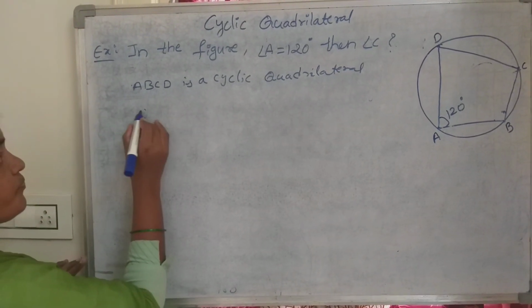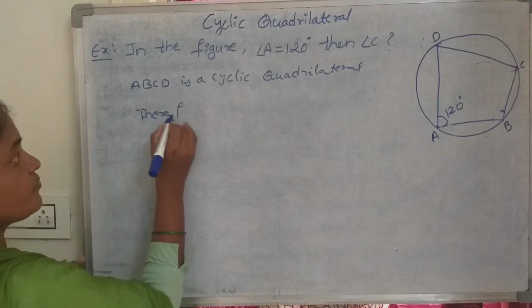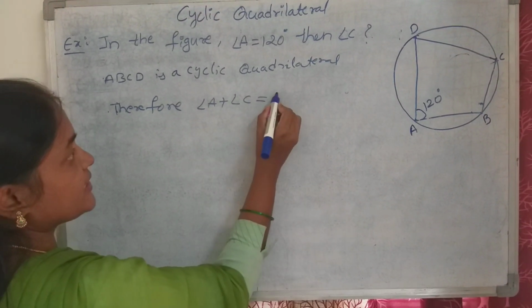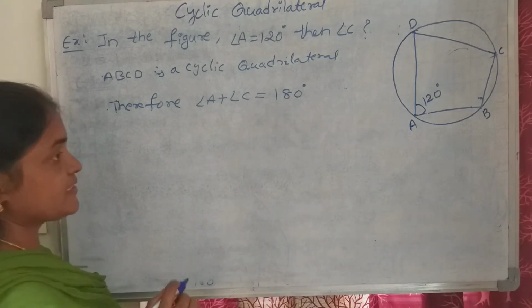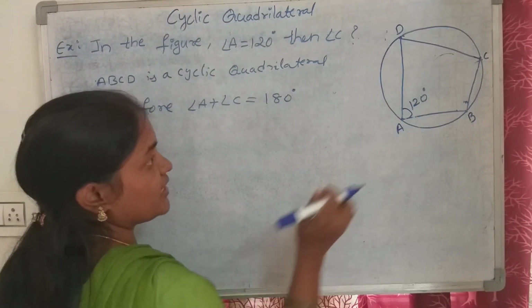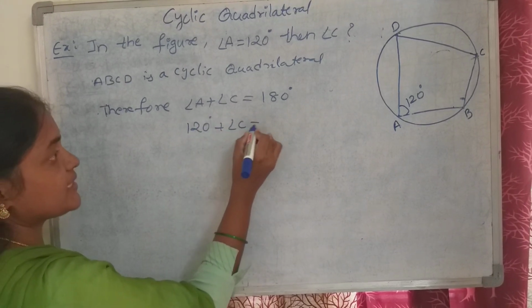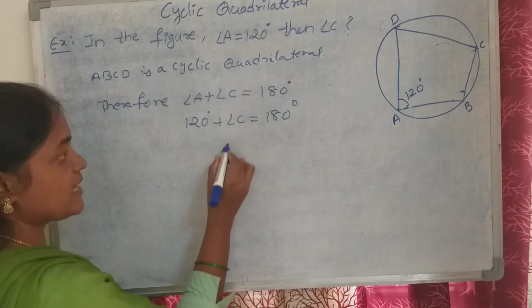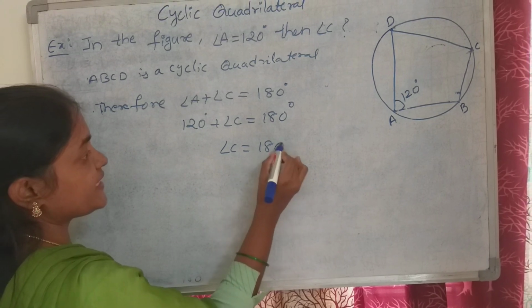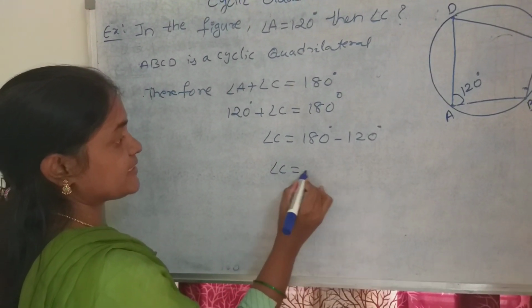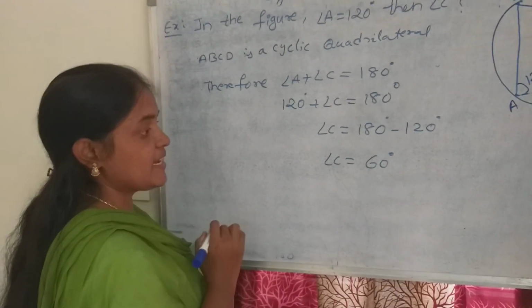Therefore, angle A plus angle C equals 180 degrees, where angle A equals 120 degrees. 120 degrees plus angle C equals 180 degrees. Angle C equals 180 degrees minus 120 degrees. Angle C equals 60 degrees.